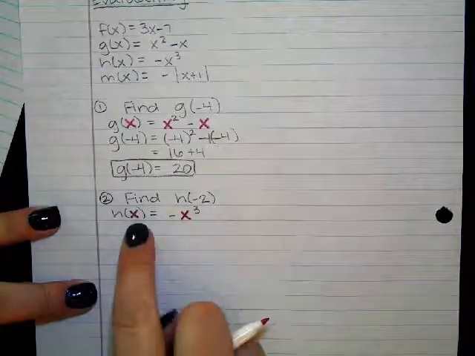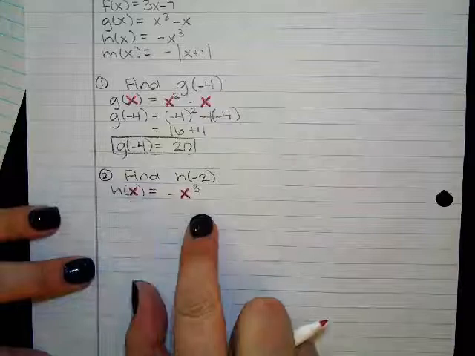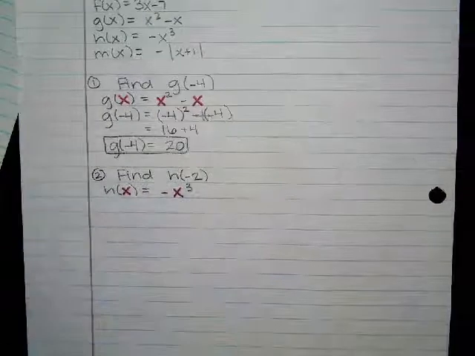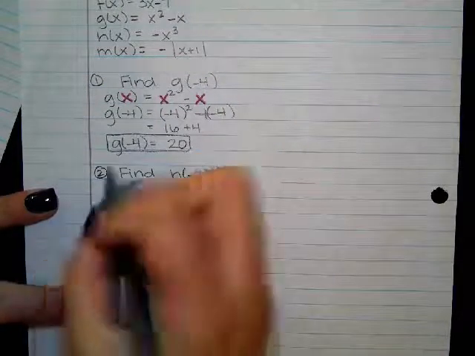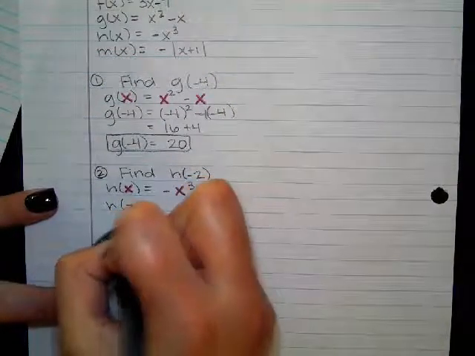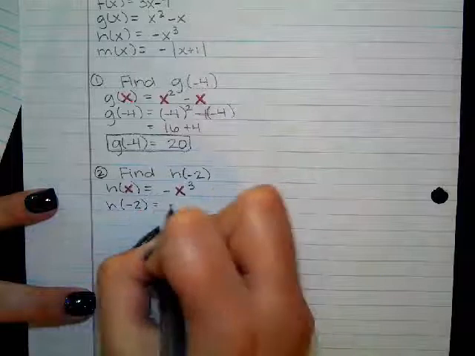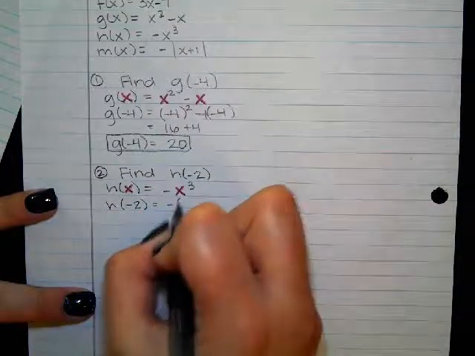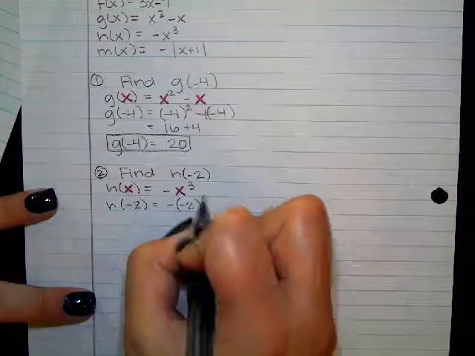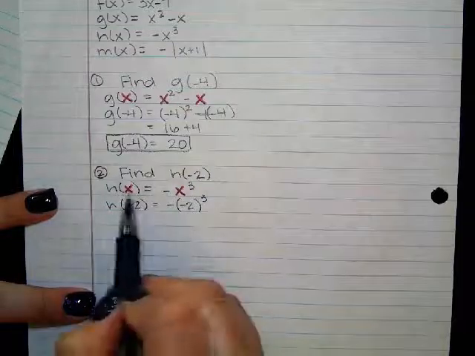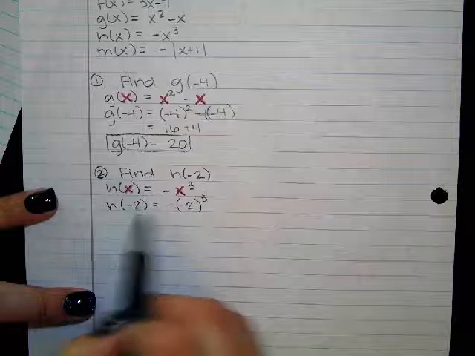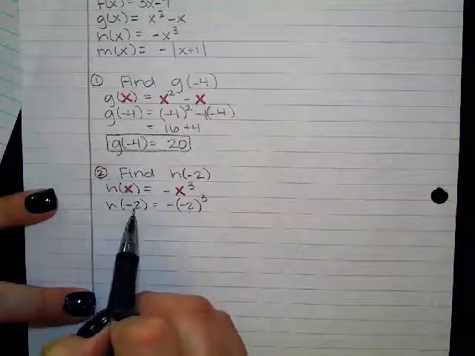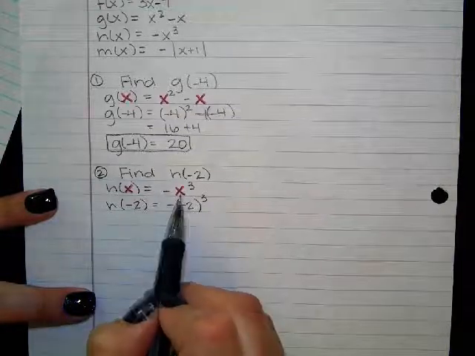I have the x here that I'm going to be plugging the number in for. So I have h of negative 2. And then I've got negative, and I'm plugging the number in right here, negative 2 to the third. So I had 2 places where I was going to plug the negative 2 in, and then I plugged the negative 2 into both of those places, one for the notation, and then one for actually getting the number plugged in.